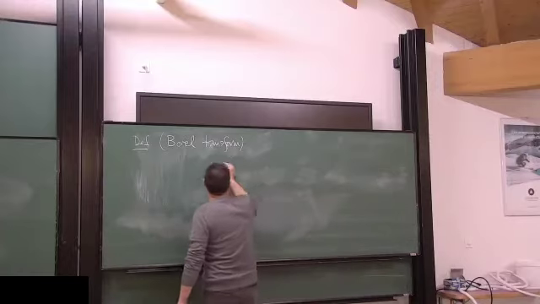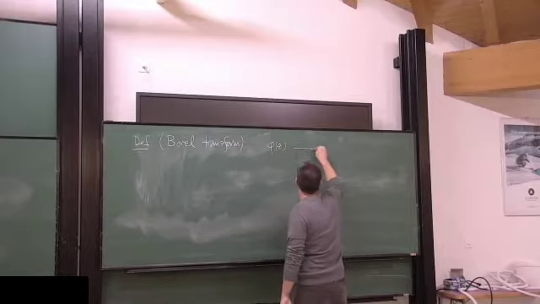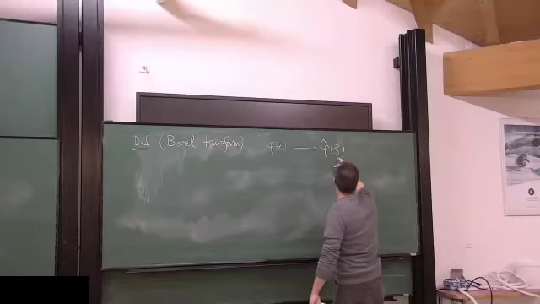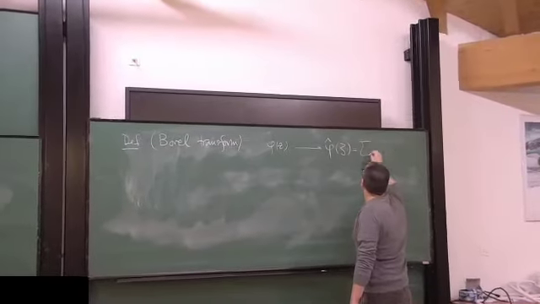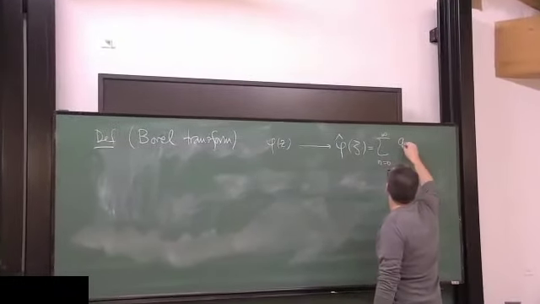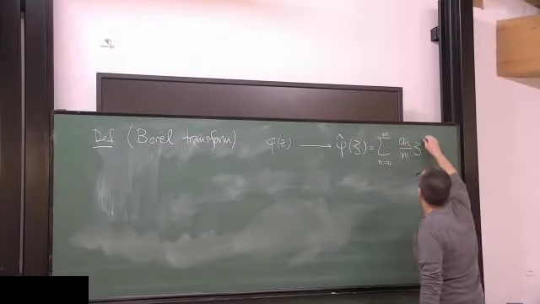So the Borel transform is a map in which you start with a formal power series and you produce, in principle, another formal power series. I'm going to write it with a different argument. And this formal power series is defined by taking a_n and just dividing by n factorial.